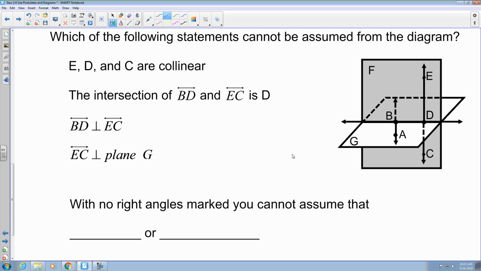We can assume that. Here it says intersection of BD and EC. Is there an intersection there at point D? I can assume that.